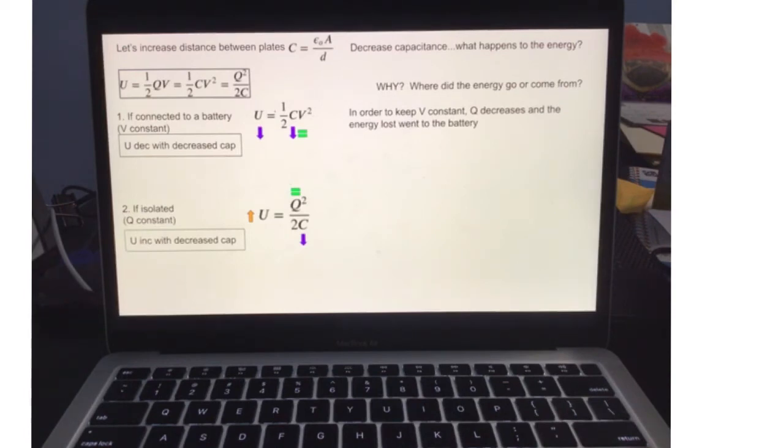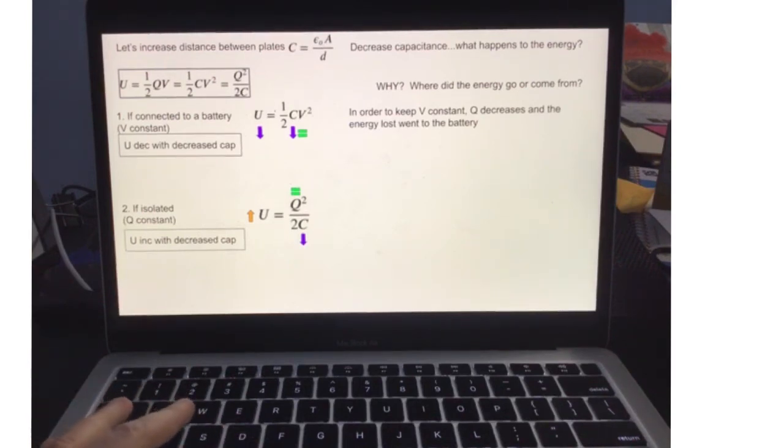That decrease of the capacitance means you will have less charge for the same potential difference. So the charge decreased. Where did that charge go? The charges went back to the battery and took some energy with them, right? So in order to keep V constant, Q decreases, and that energy lost went to the battery. So that's why the energy decreased.